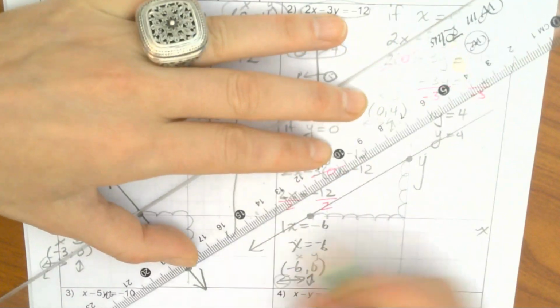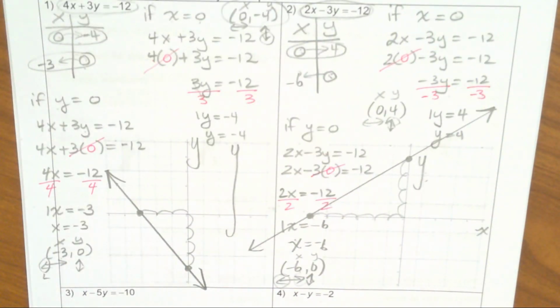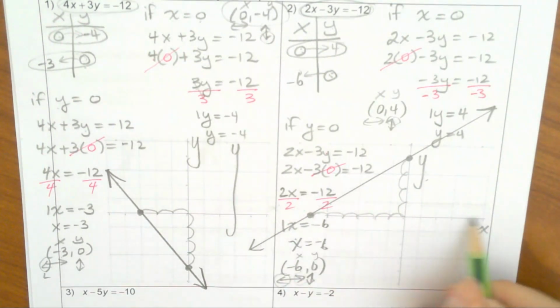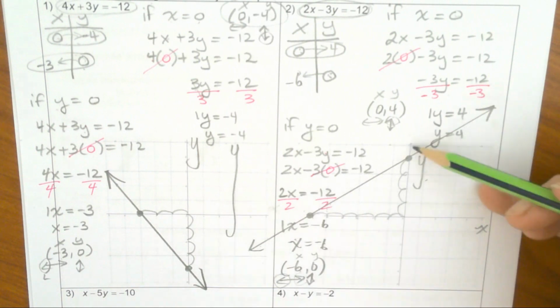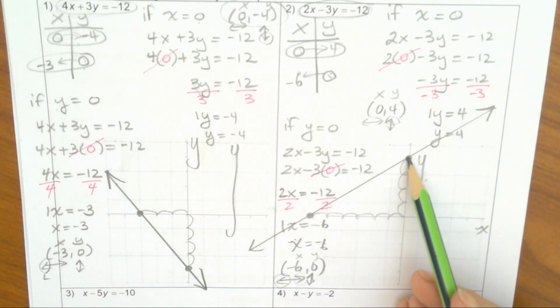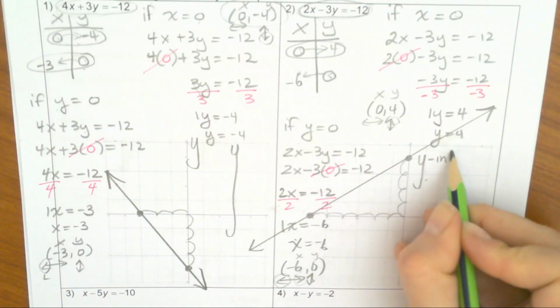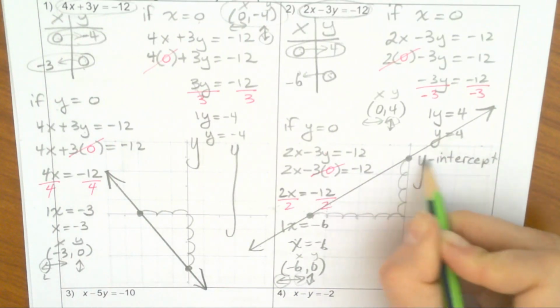Okay, that's kind of messy, but you can see. Because this is my x-axis, this is the x-intercept. Because this is the y-axis, the line touches the y-axis here, so this is the y-intercept. Okay? That's the y-intercept, that's the x-intercept.